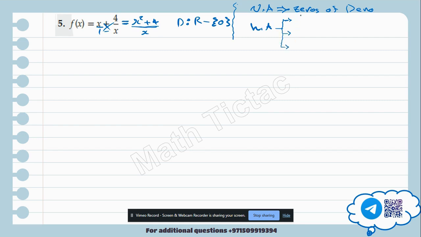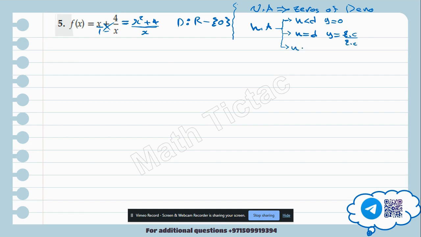Now in here, the horizontal asymptote, you can find it if you have a polynomial in the numerator and a polynomial in the denominator. If the degree of the numerator is less than the degree of the denominator, then you have y equal to 0 as horizontal asymptote. If the degree of the numerator equals the degree of the denominator, then you have y equal to leading coefficient over leading coefficient.